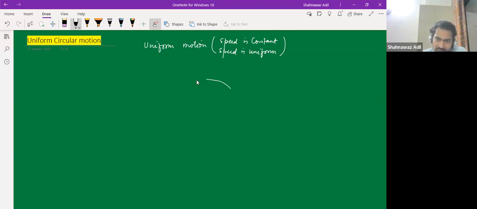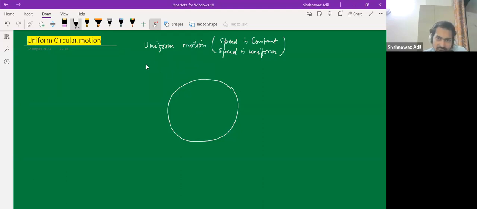But what is this uniform circular motion? If the object is confined in the circle, if its trajectory or its path is confined in the circle, then that kind of motion is called circular motion. But we have uniform circular motion.